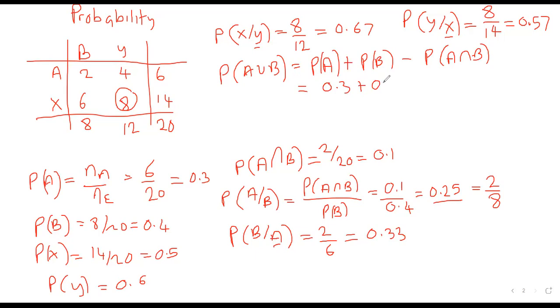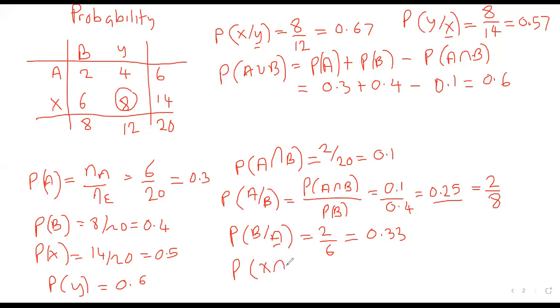B, 0.4. Intersection, 0.1. So what do we get as a final answer? 0.6.